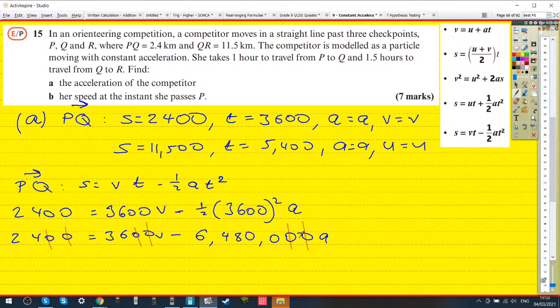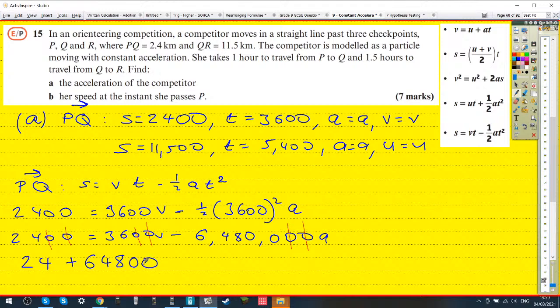We've got A and V still in the equation. You would make V the subject. So you could just add 64,800A to both sides: 24 plus 64,800A equals 36V.